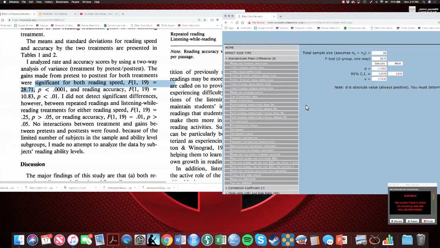By doing it this way, we have in some ways accounted for the variation and the discrepancy in baseline.